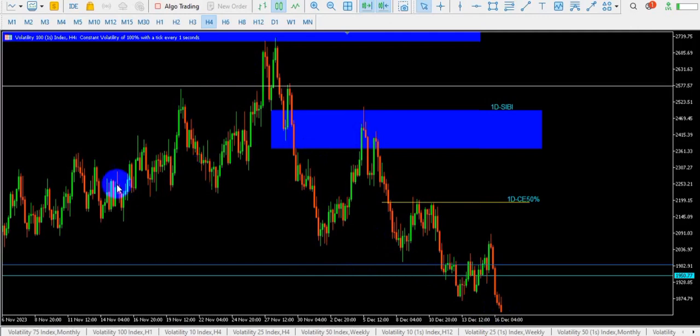So this is accumulation and distribution. This is the theory behind offset accumulation and distribution towards the drawn liquidity over here.